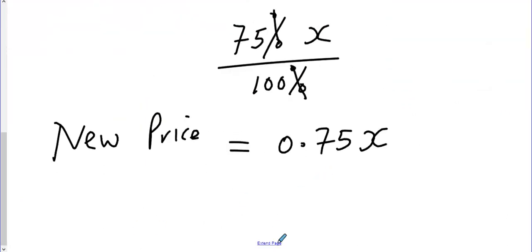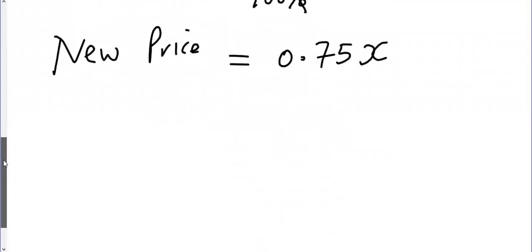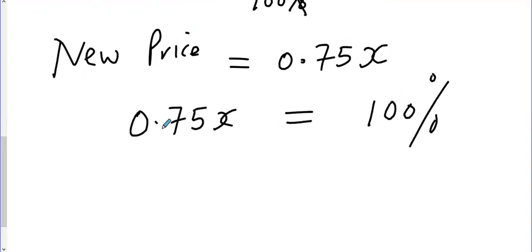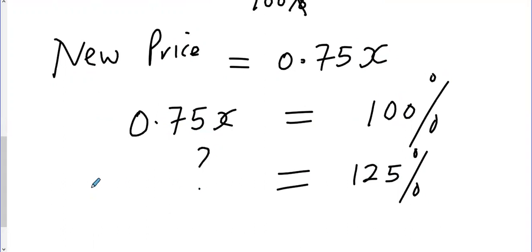So this new price, 0.75X, is the same as 100%. Now it has been increased by 25, so we have 125%.